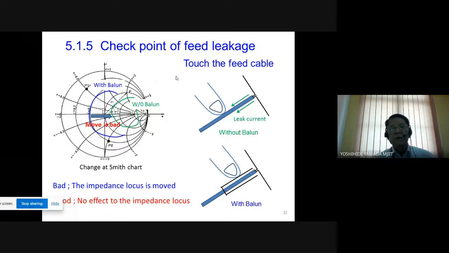So to check the existence of leakage current, we can use our hand. We attach our hand to the coaxial cable, and in the case of a balloon, we attach our hand to the coaxial cable with the balloon.